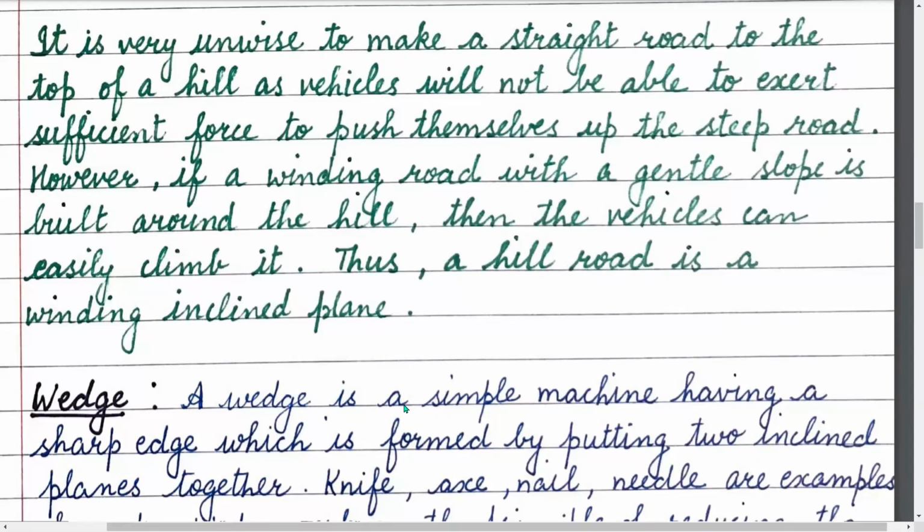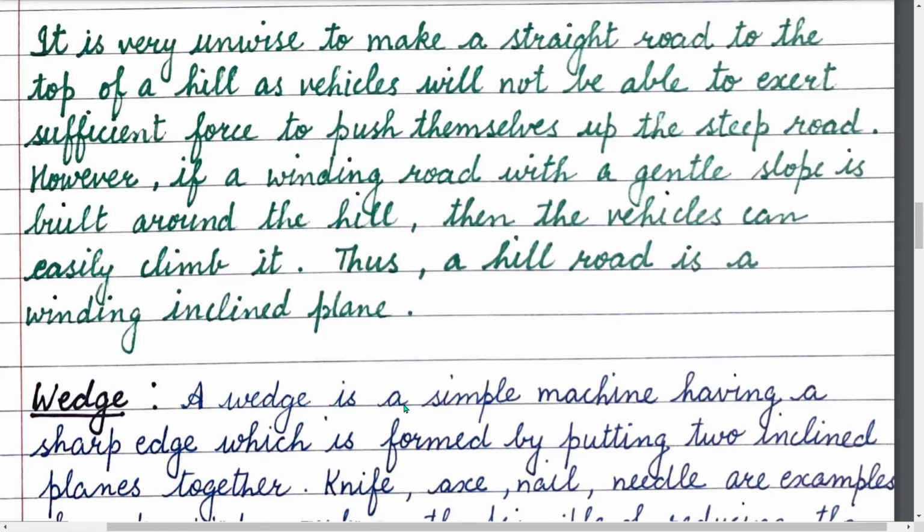However, if a winding road with a gentle slope is built around the hill, then the vehicles can easily climb it. Thus, a hill road is a winding inclined plane.